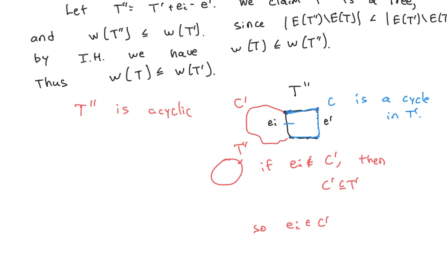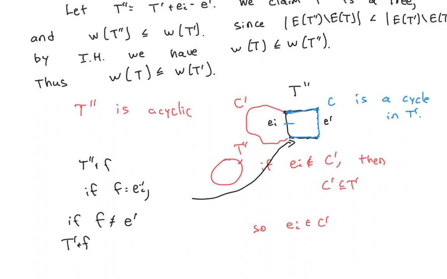Similarly, if you add any edge to T double prime, then just go ahead and add that same edge to T prime. If that edge were EI, we're done because you already have this cycle. If it were E prime, we're done. If not, then you could add it to T prime and get a cycle C prime.